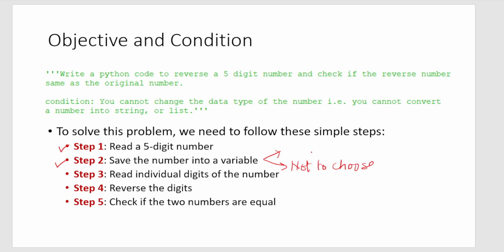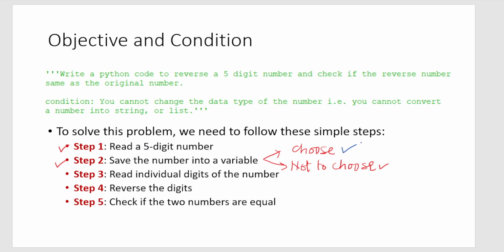If you are doing just a reversal, you can opt not to choose it. But if you want to check whether the reversed number is equal to the original number, then in that case you have to choose it.